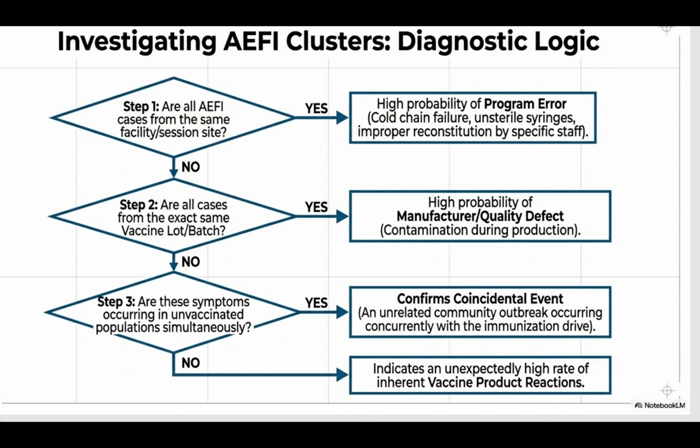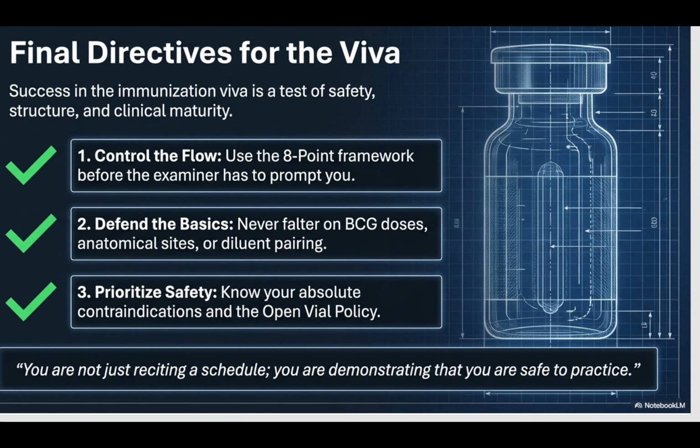Now you can see in this slide that AEFI can be of program error, manufacturer error, and through this algorithm we can locate where the problem lies. So finally, we should remember that you should use the 8.4 framework of dose of vaccine, the type of vaccine, site of vaccine, schedule of the vaccine, side effects, etc. And never falter on the doses, the route of the vaccination, or the diluent.